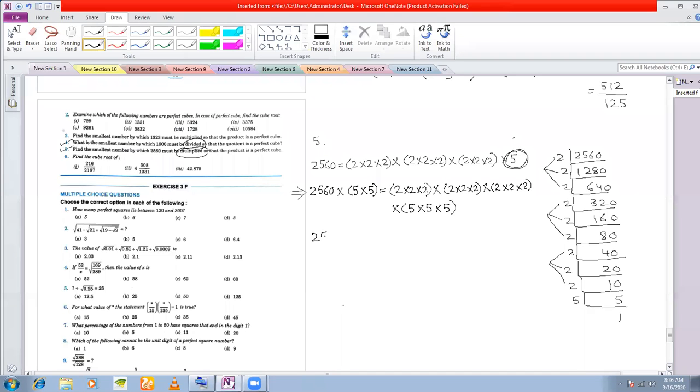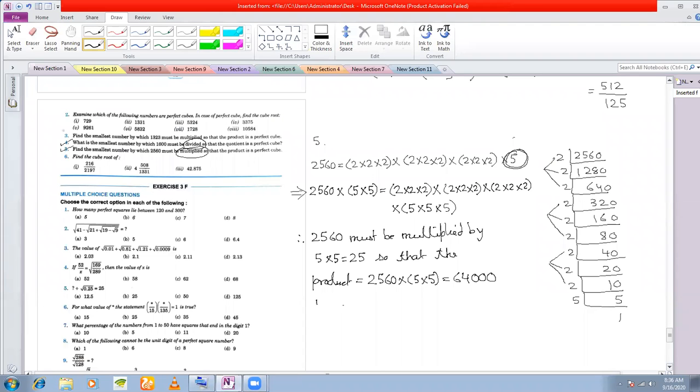So therefore, 2560 must be multiplied by 5 into 5 equal to 25, so that the product, 2560 into 5 into 5, which is 64,000, becomes a perfect cube.